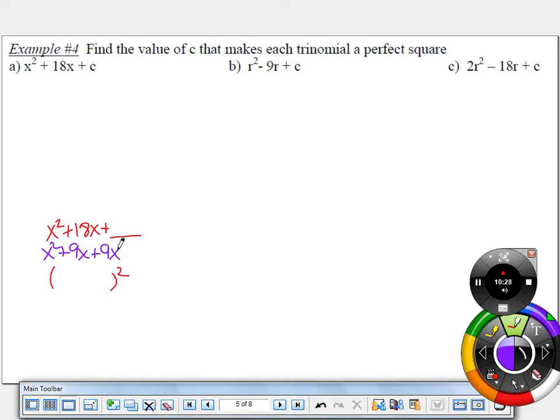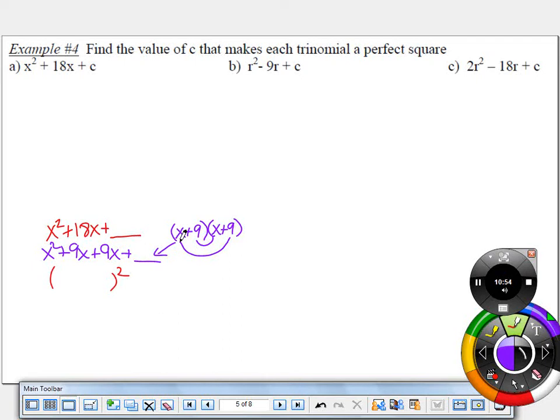If I wasn't trying to make a perfect square, there are lots of things that add up to 18. But I need two of the same, so they'd have to be 9s. That means I want an x plus 9 times an x plus 9, because that will give me the 9x and the other 9x. The number at the end spot is not going to be 9.